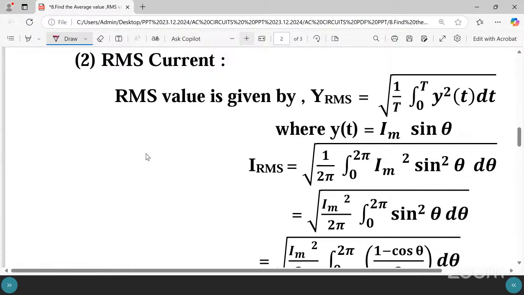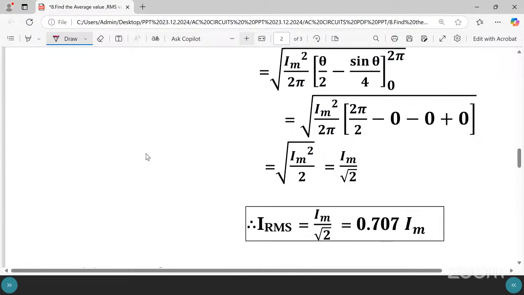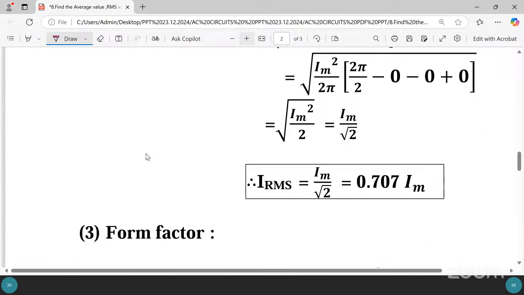If you do this calculation part, the final answer is I RMS is equal to Im by root 2, which is 0.707 Im. Note down this formula.